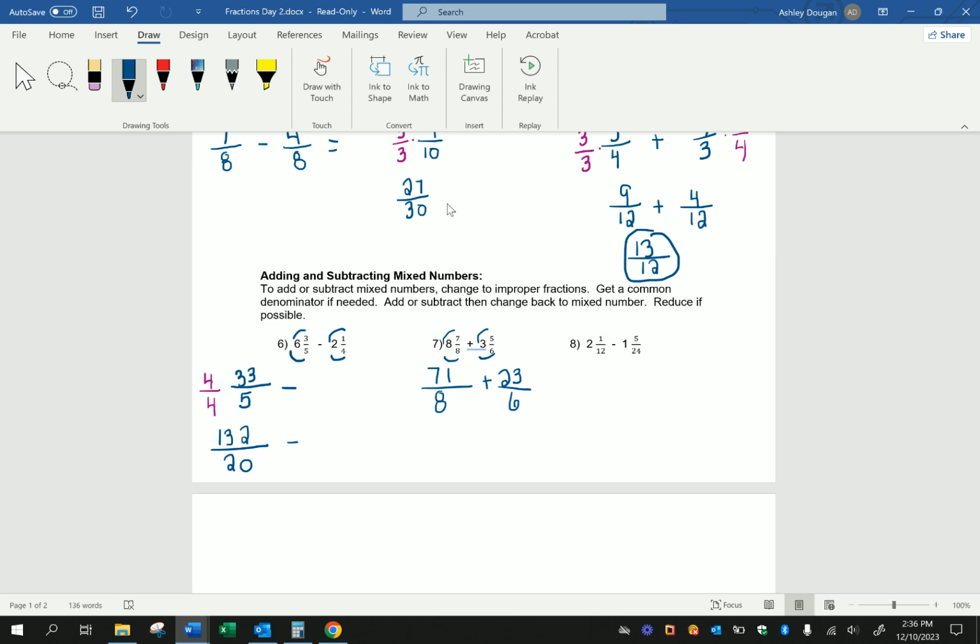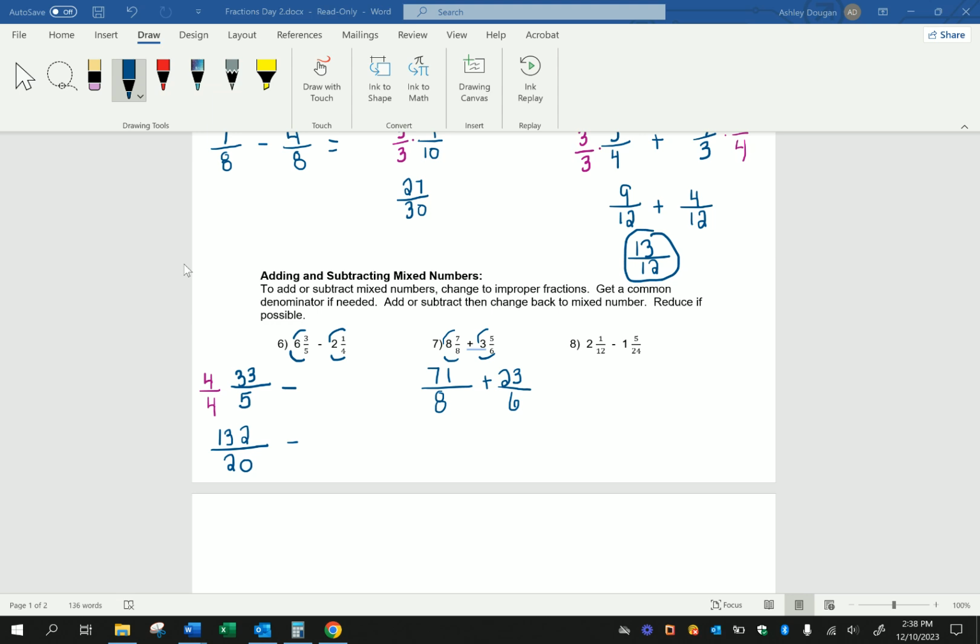Then this is where I've got to get common denominators. So I'm looking at 8 and I'm looking at 6 and looking at what is a common denominator between 8 and 6. I'm thinking about multiples of 8: 16, 24, 32, and then multiples of 6: 12, 18, 24, 30, and 24 is going to be the least common multiple.